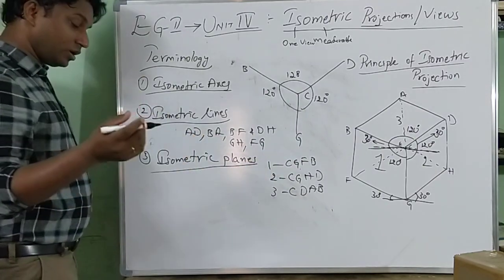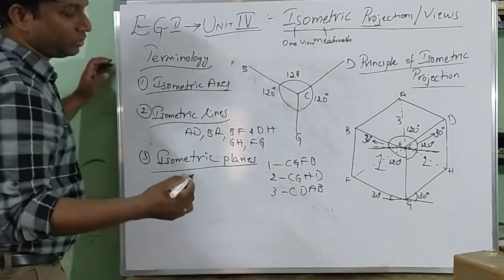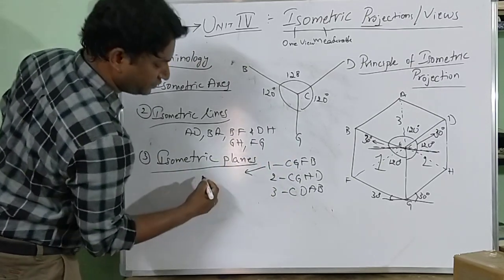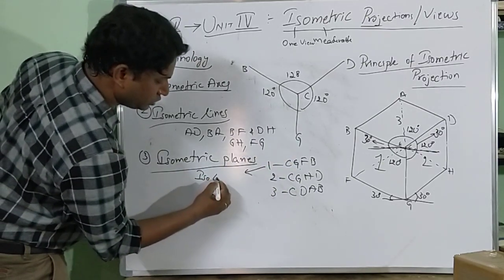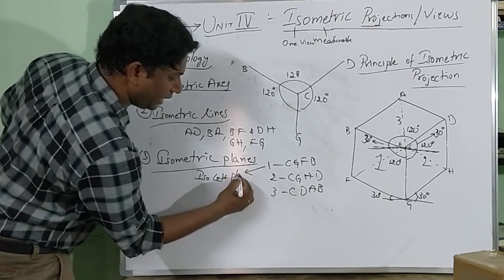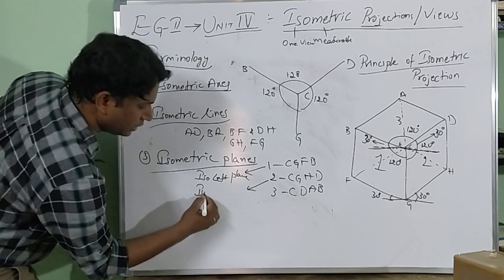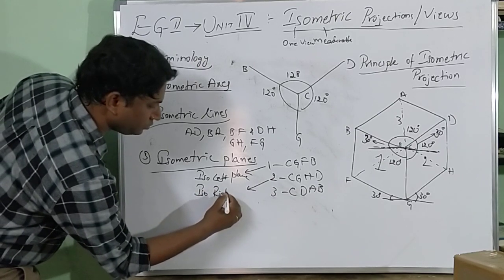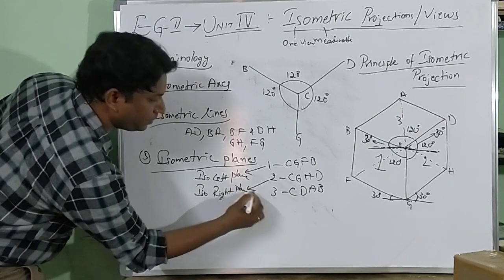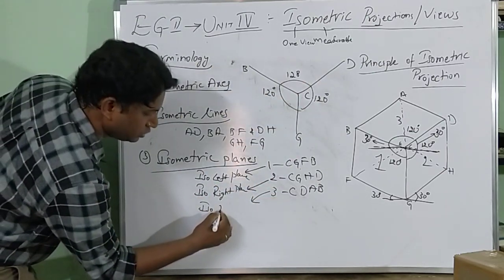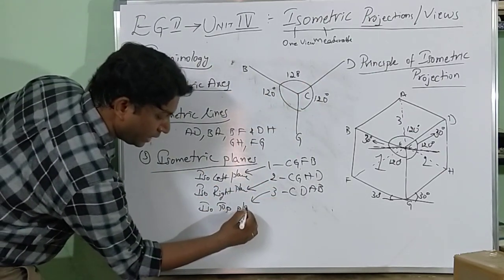Now these are called by names. What are those names? This one on the left side is called the iso left plane. The one here on the right side is called the iso right plane. The one on top is the iso top plane.